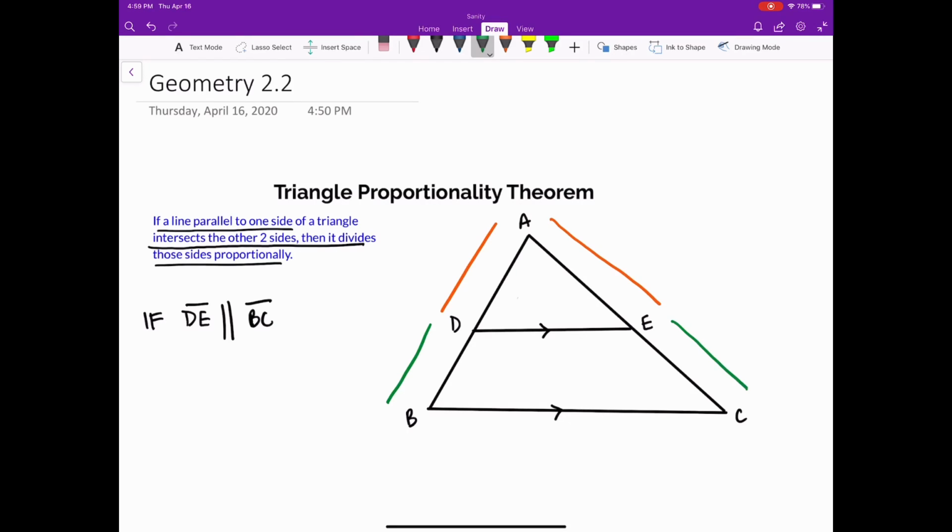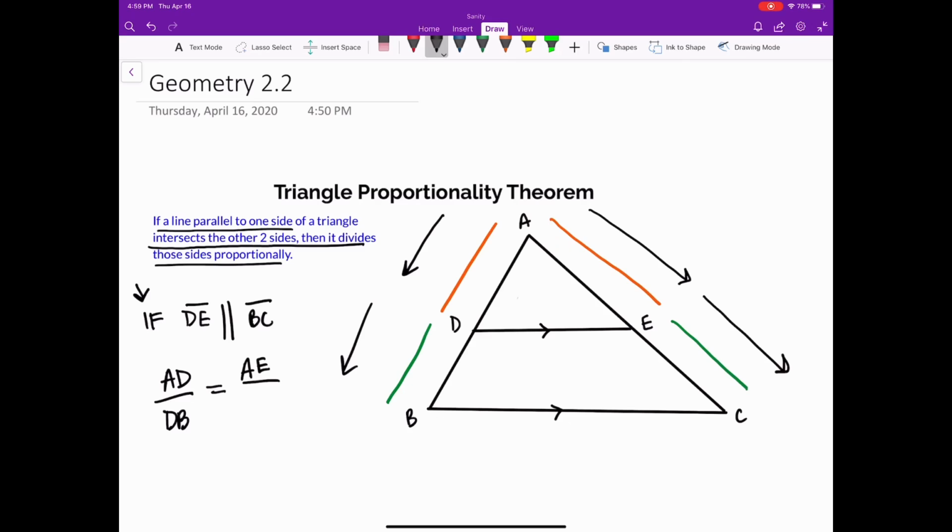So, finishing this little shortcut off, if segment DE is parallel to BC, then the ratio of AD to DB, this segment here, has to be equal to the ratio on the other side as well. So that has to be equal to the ratio of AE to EC.